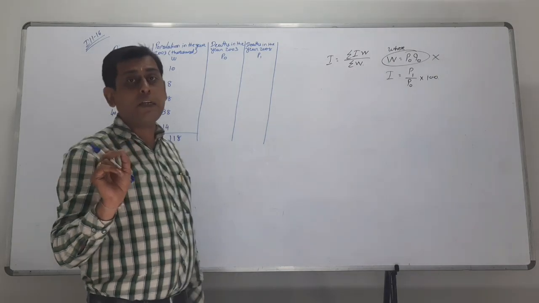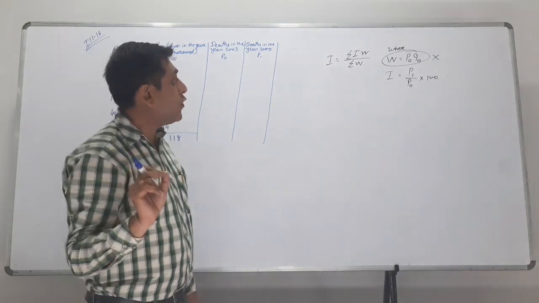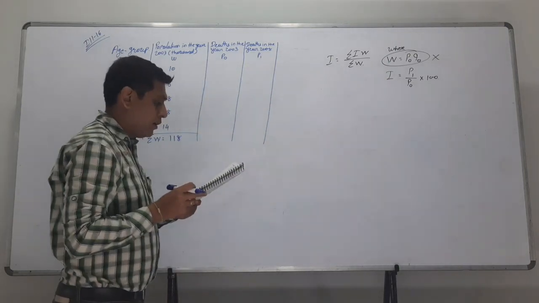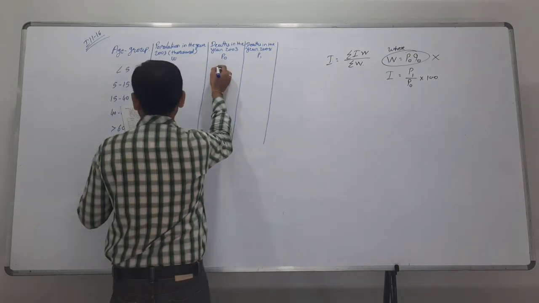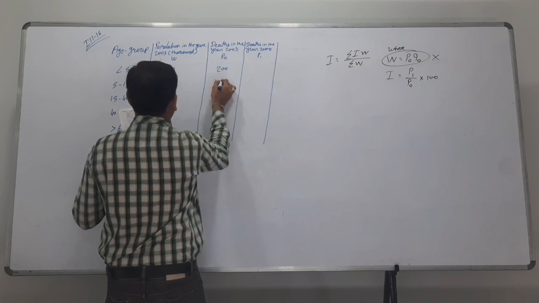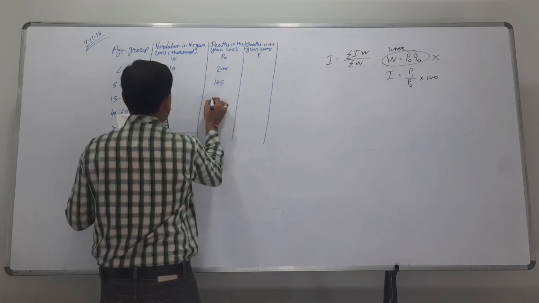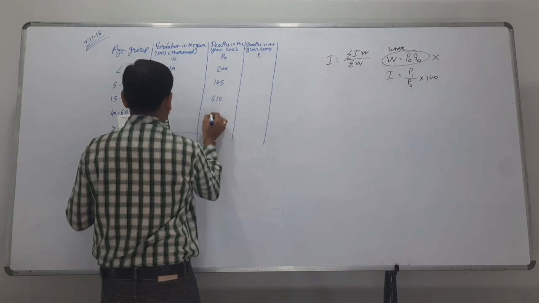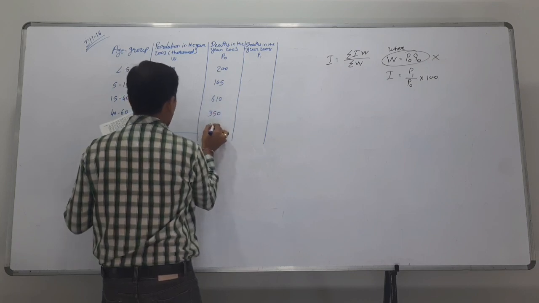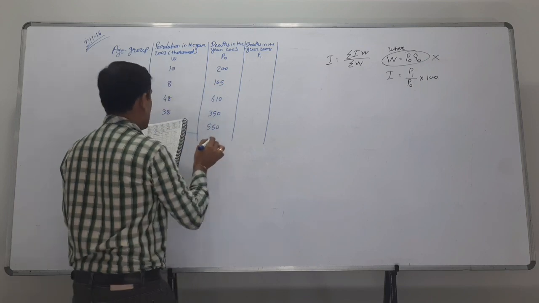Now P1 and P0 are given and we want I, so here first of all I am writing the values of P0 and P1. 200, 145, 610, 350, and the last one is 550.